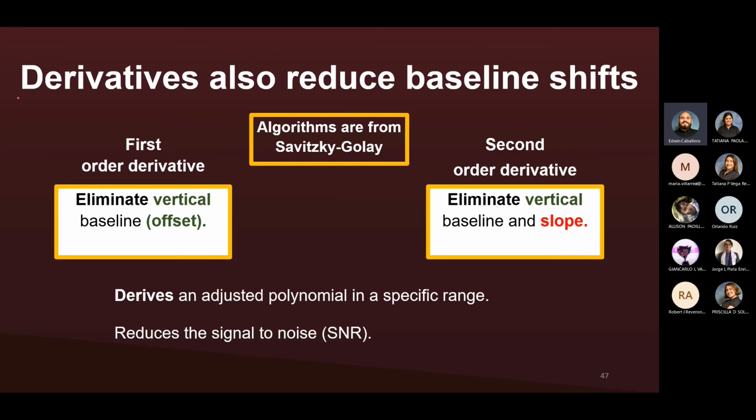Now, derivatives are also an option when you want to reduce baseline shifts. And you have two specific derivatives that are really, really useful for this. Those are the first derivative, which is SG1, and the second order derivative, which is SG2. SG are the initials of the two scientists that created the algorithm, Savitzky and Golay.